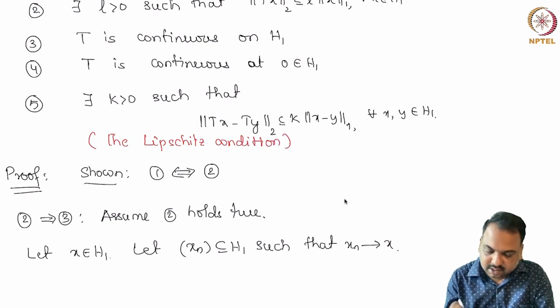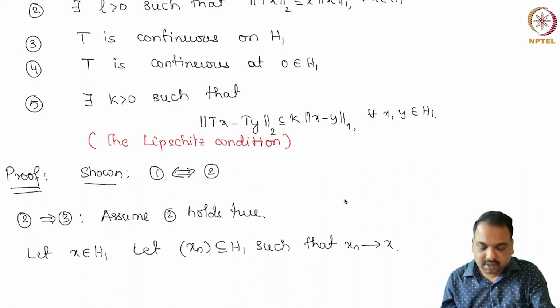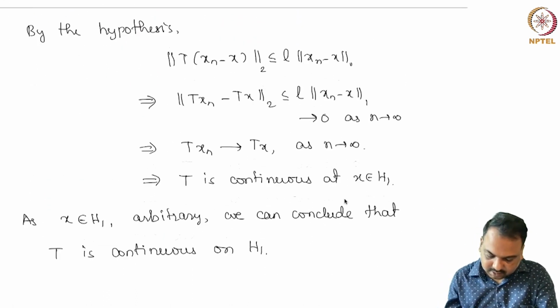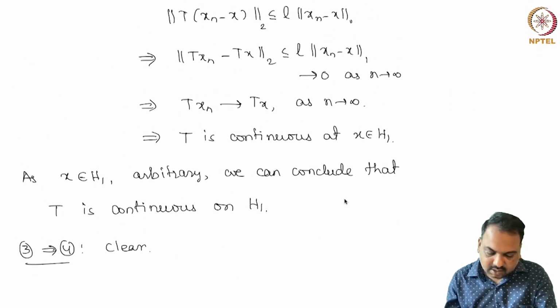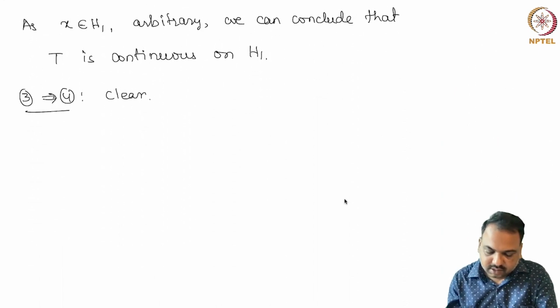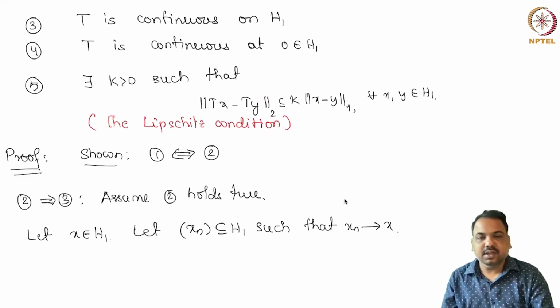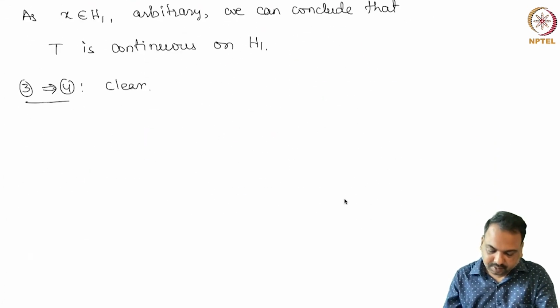If there exists a K satisfying this property, we say that K is the Lipschitz constant, and this condition is known as the Lipschitz condition. Okay, so assume that T is continuous at 0, and we want to show that T satisfies the Lipschitz condition.